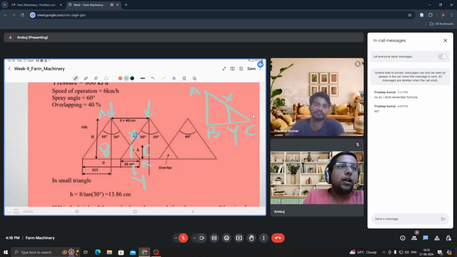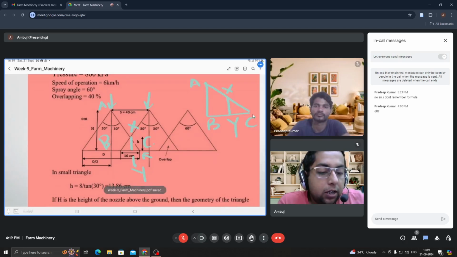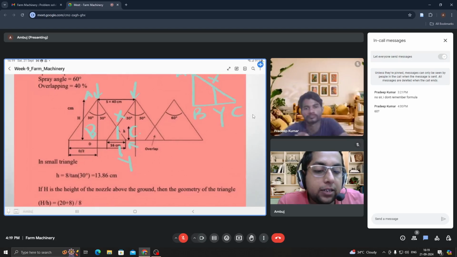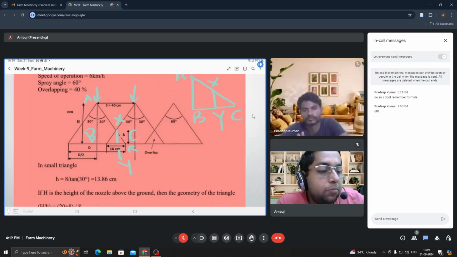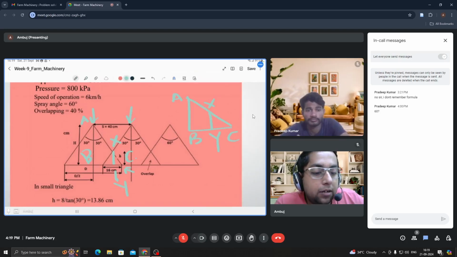First of all, I have drawn the two nozzles. Spacing is 40 centimeters, overlap is 40%, so 40% of 40 is 16. So overlap I have taken as 16 centimeters. Then I have made two triangles. The first triangle is ABC. Inside of that, another triangle I can make, given by X, Y, and C. C is this point, at the bottom end of small h.